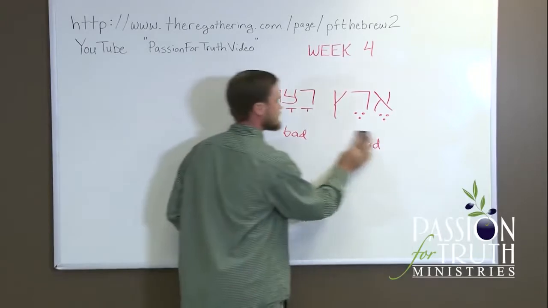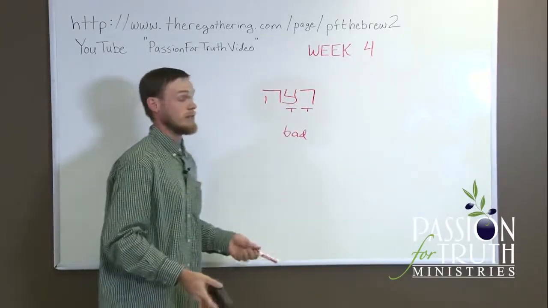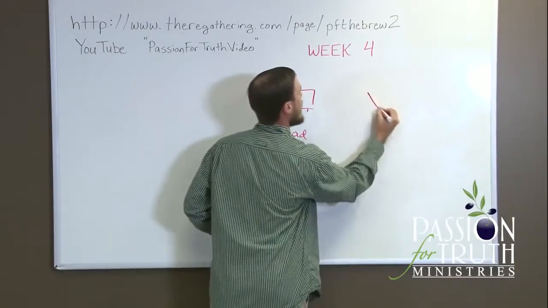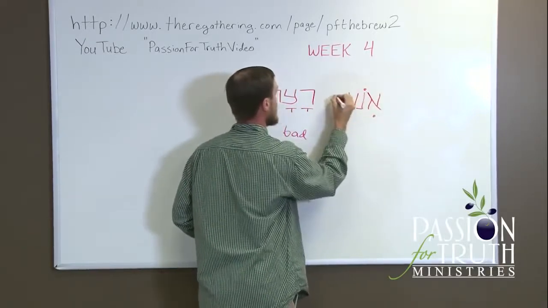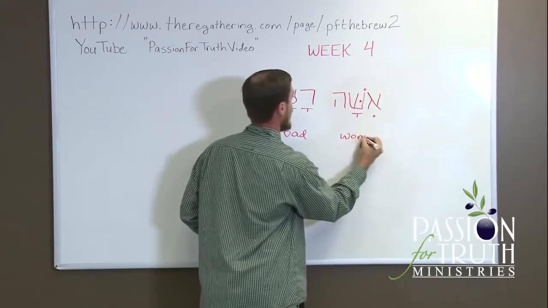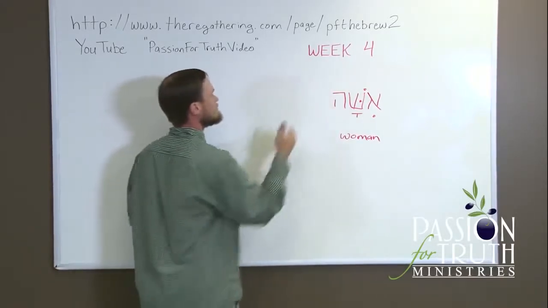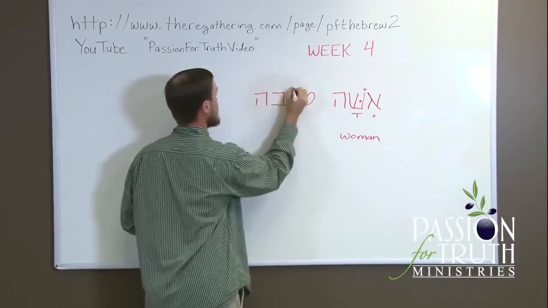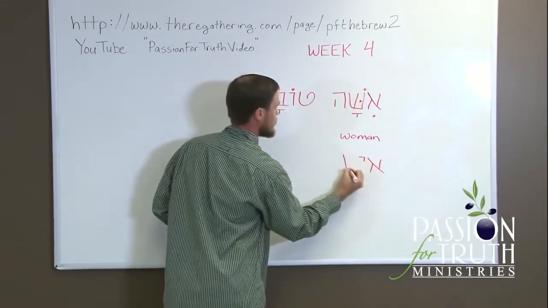So for example, if I were to speak of a bad woman, not that there are any, but if I were to speak of this hypothetical entity, woman, isha, ends in kamatz hey, as do many feminine nouns. So a bad woman would be isha ra'ah. Or let's just change that to good woman. Isha tova, a good woman. Whereas a good man is ish.